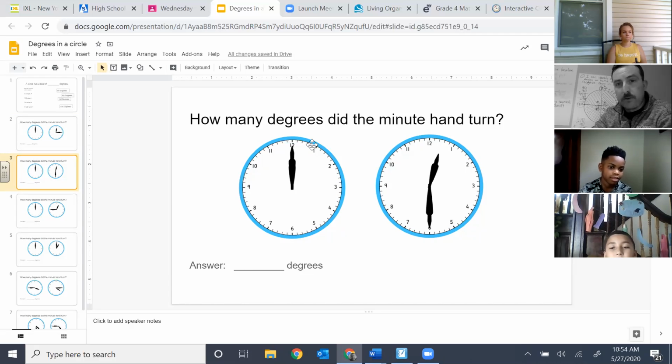Think about this. From 12 to 3 is 90, and then we added 90 more. Think back to what we got when we added 90 plus 90. Or look at your notes.